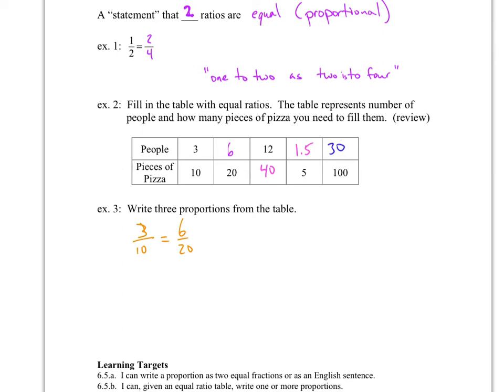Who can give me another proportion? Molly. 12 over 40 is equal to 30 over 100. There's lots of them in here. We need one more, though, at least. Emery? 6 over 20 is equal to 12 over 40. Kendall, can you give me one more? 5 over 15.